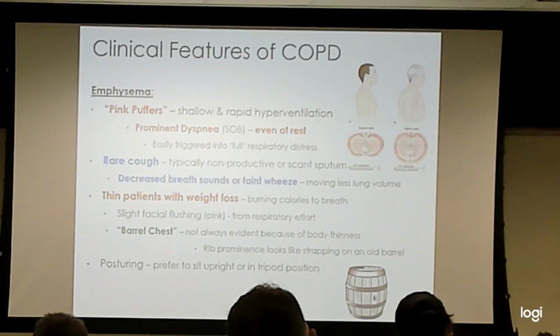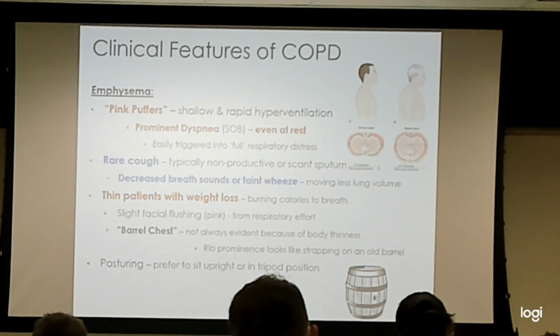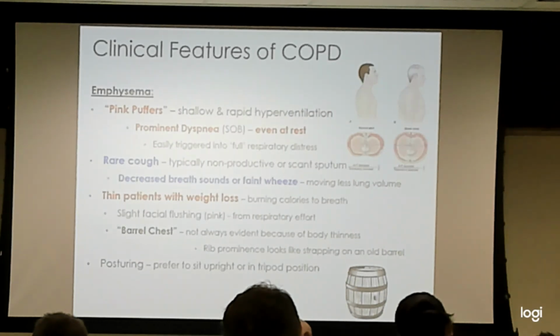They're trying to create that pressure difference to move air because that tissue is destroyed. So they're losing that pressure gradient. And then the barrel chest, not always evident, but this is just something that we associate. So just a widened out chest space, not using tissue.